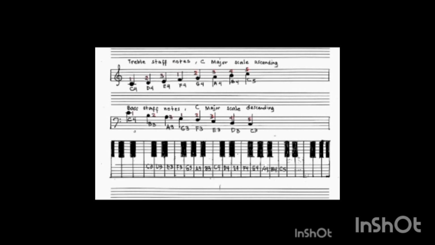So we play middle C with our left thumb, which is number 1 finger, and that is C4. Then we will play with our left hand number 2 finger, low B, which is also B3.